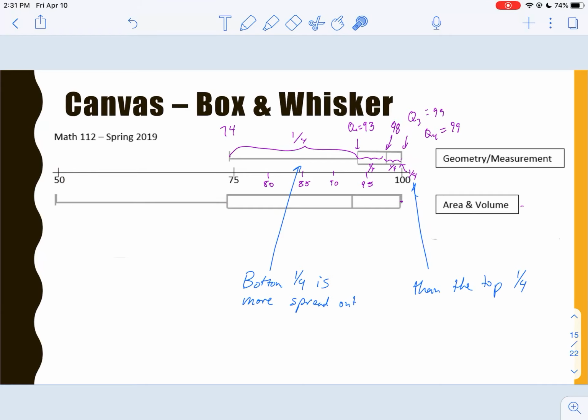Still pretty decent. Here we have the bottom quarter of the class between 50 and 75. The lowest person scored a 50. The highest person scored 100. And so that's hopefully helpful for you in understanding box and whisker plots. We again have the lowest, the first quarter, so a quarter of the data is here, a quarter of the data is here, median here.